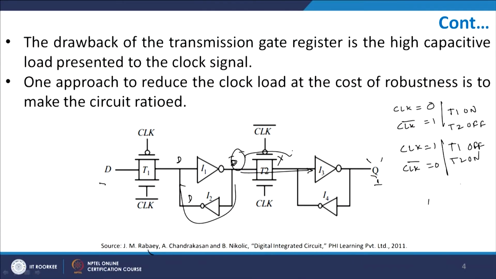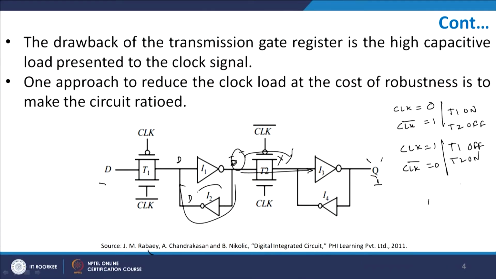the interesting idea is that you can keep the feedback loop I2 and I4 as slightly weaker transistors as compared to I1 and I3. Suppose I1 and I3 are stronger as compared to I2 and I4, which means that your forward inverter is stronger than your backward inverter. Then when you are actually sampling the data in the evaluation mode, which means when your T2 is on, you can force the data which is here to come at this point.